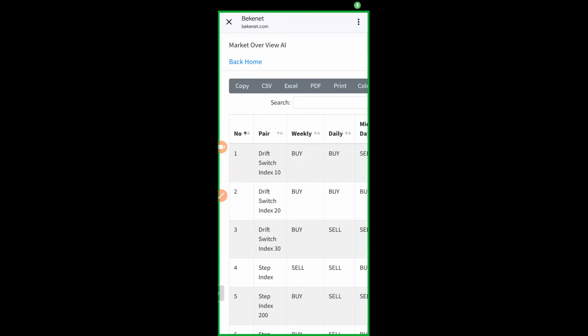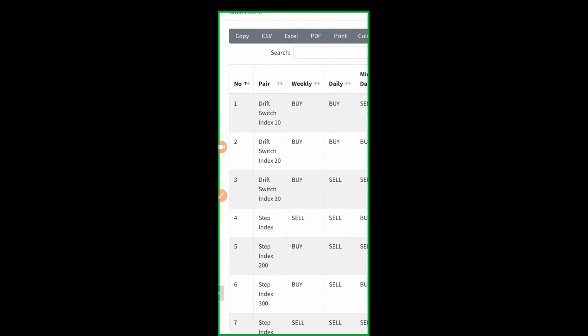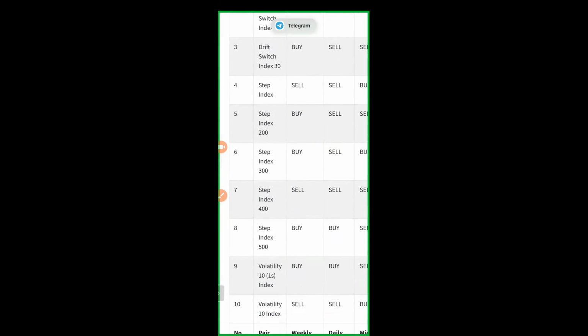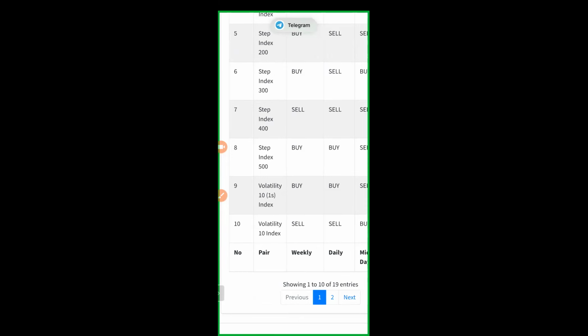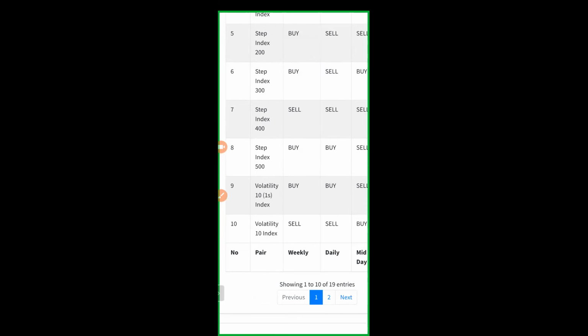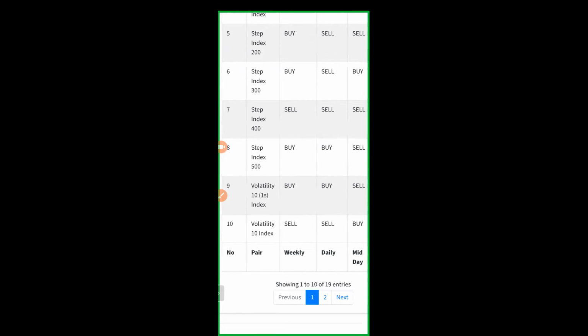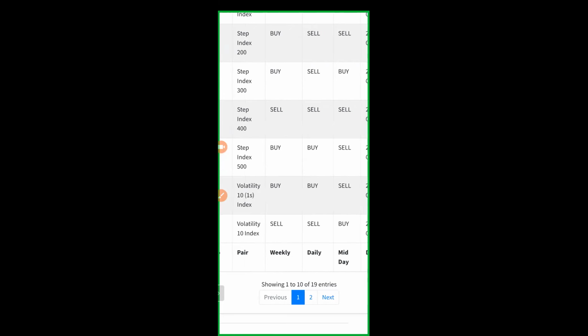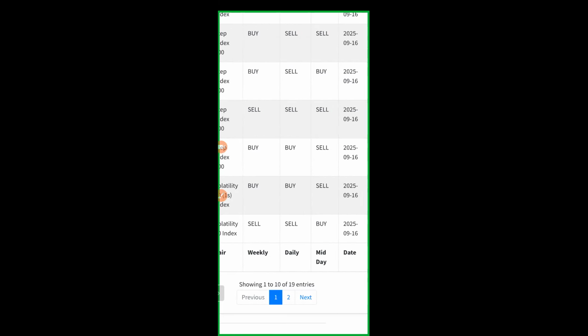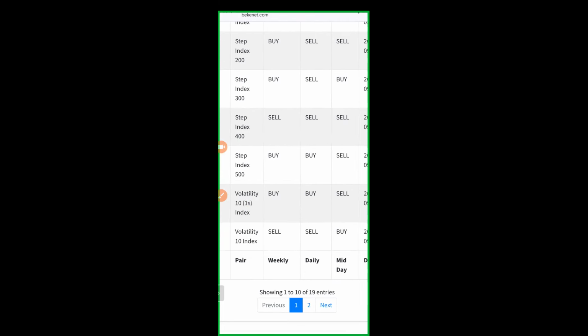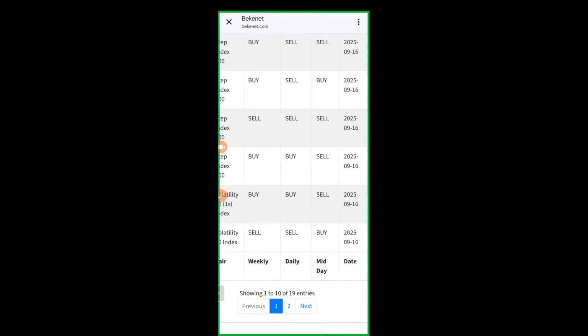All right, so giving us all the markets' drift. Step index, step volatility 10. So if you are buying now, it's like a temporary buy. Weekly is sell, daily is sell, but mid, just a few hours, is buy. So you want to see the one that is totally sell. Look at step.